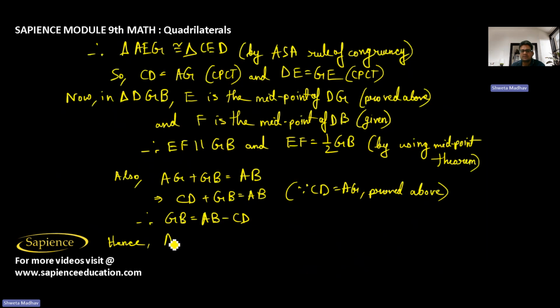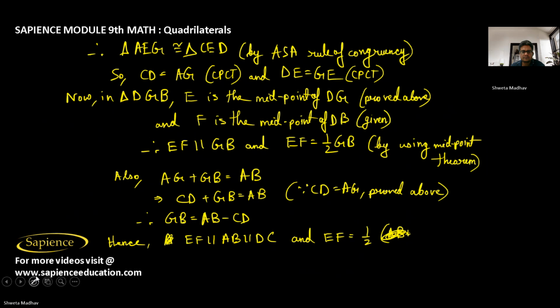So EF is parallel to AB, which is parallel to DC, and also EF equals half of AB minus CD. Hence proved.